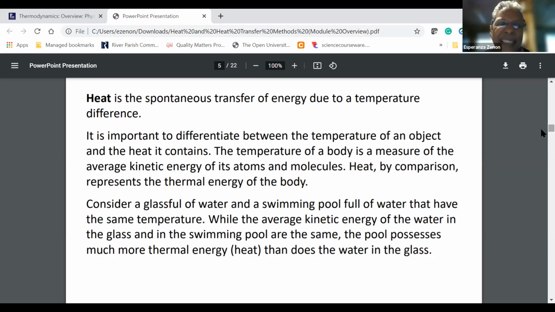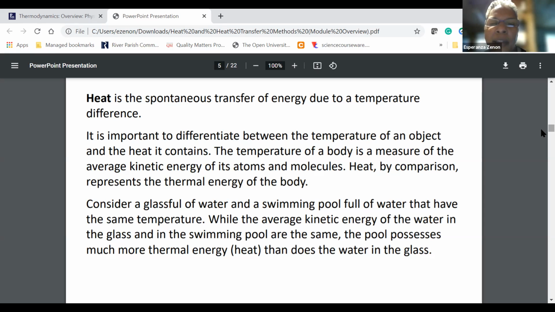So notice something that's very important in the definition of heat. Notice that word is spontaneous. That's a very important word. That word spontaneous means you don't have to force anything. It happens all on its own. In other words, it's a natural process. It's the way nature behaves. So heat is this spontaneous transfer of energy because things are at different temperature, right?